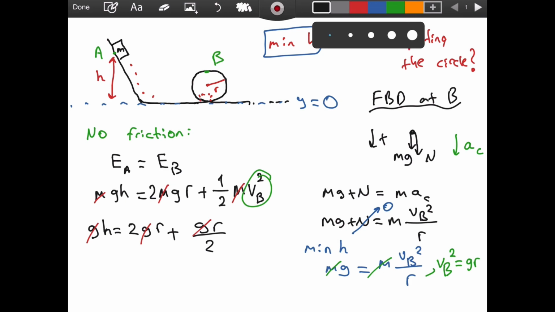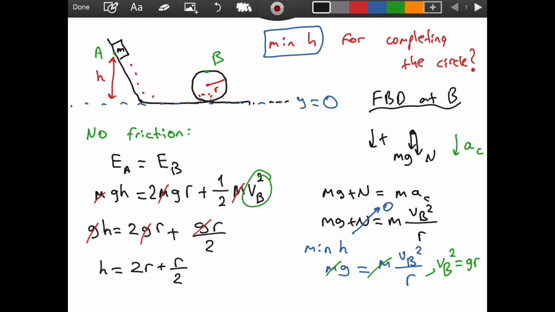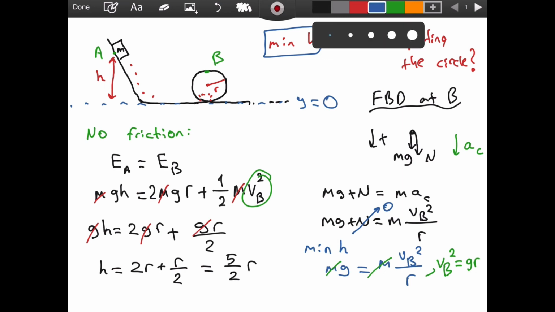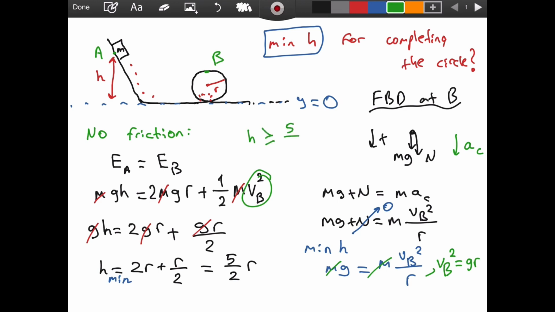So we got this, and now we are very close to the end. Look at this. We have h is equal to 2R plus R over 2. And if we solve, we then get 5 over 2 R. And this is a special kind of h. This is h min. So we just showed that if h is greater than or equal to 5 over 2 R, then the block will complete the circle.